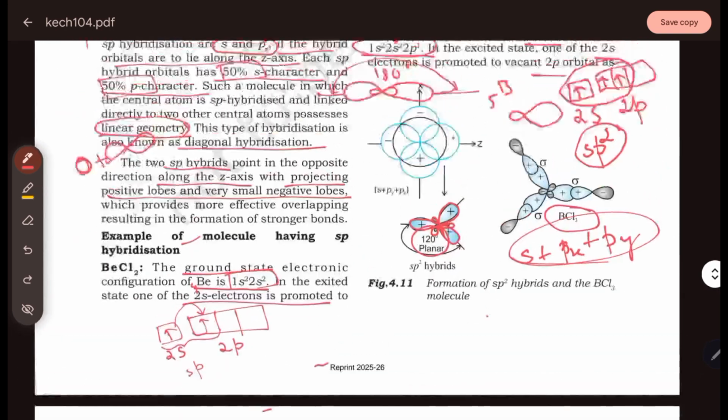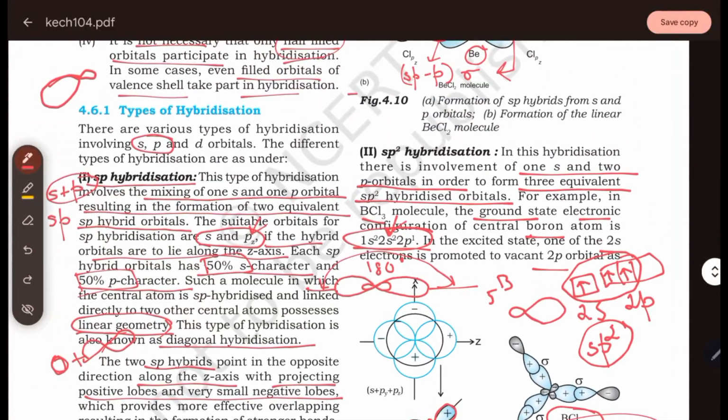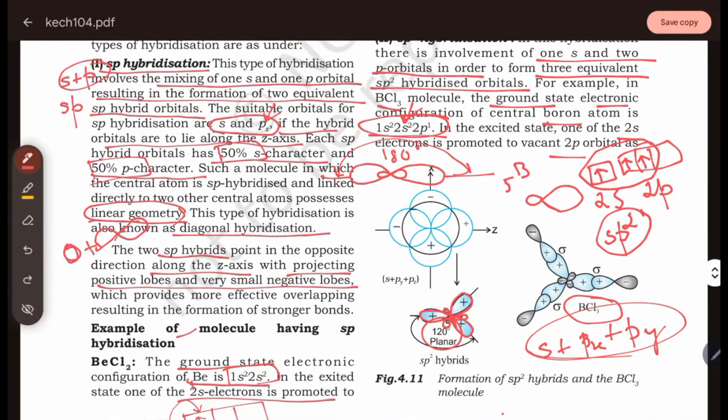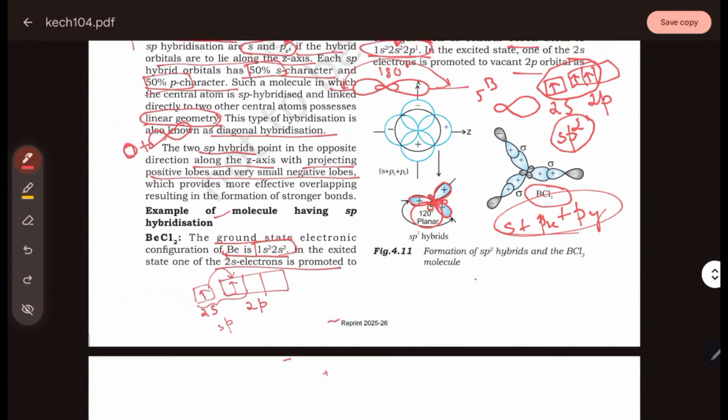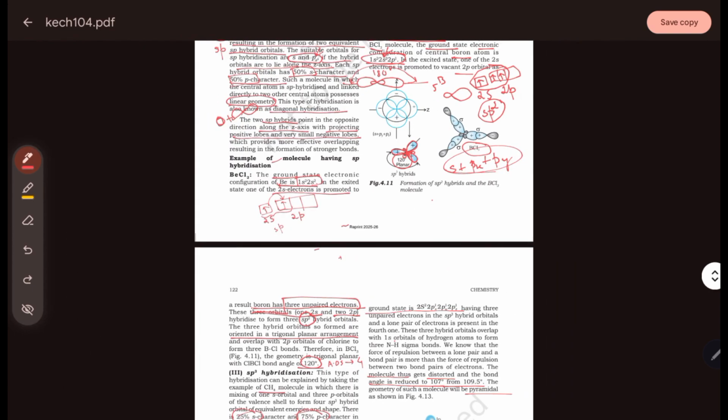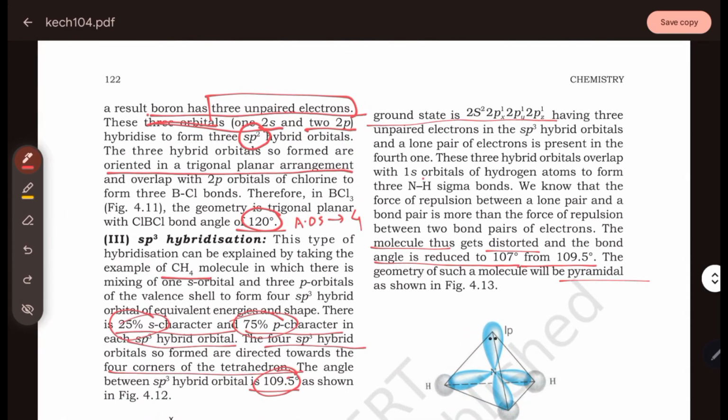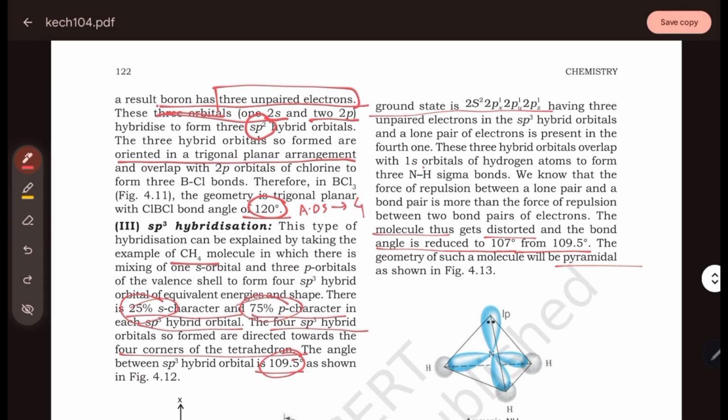In the previous case, sp2 hybrid orbital, it is almost a 60-40 case, but in sp3 it is 25% s and 75% p character. The bond angle is 109 degrees 28 minutes.